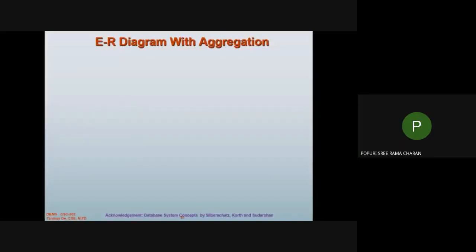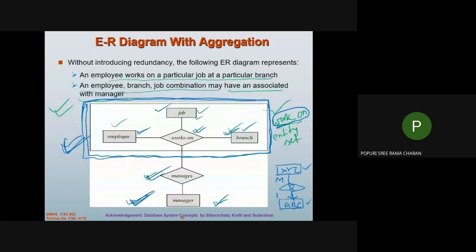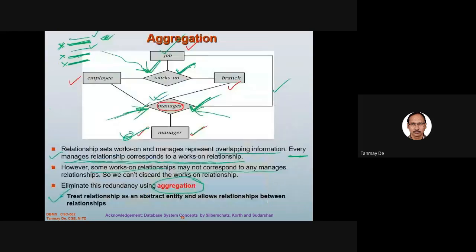Sir, if manager is also related to work on, then we could have removed one of work on or managers. No, you are just confused because I know this is a somewhat complex thing.